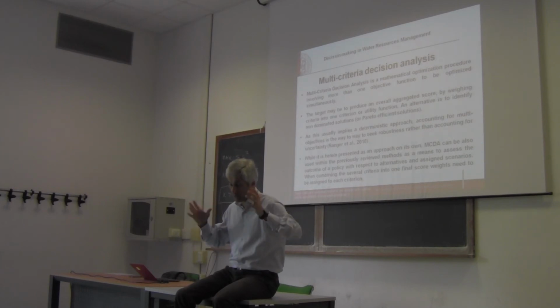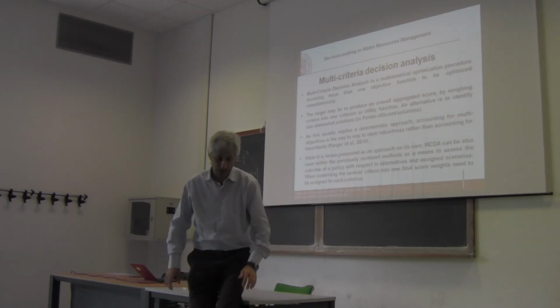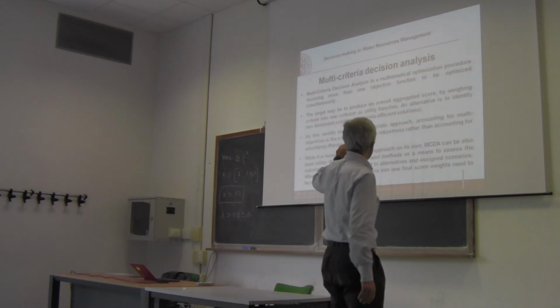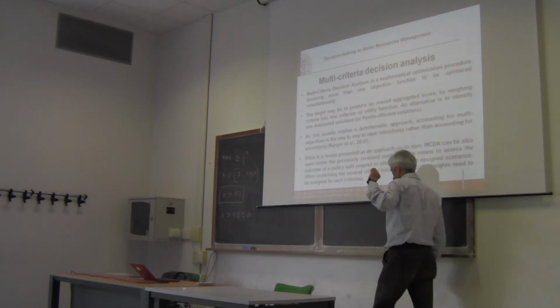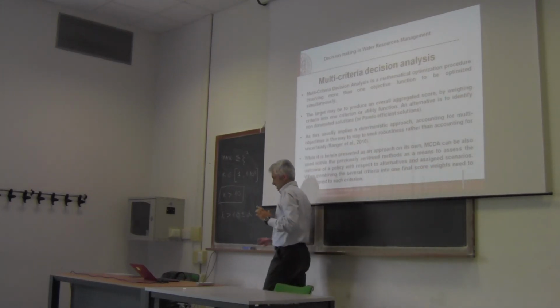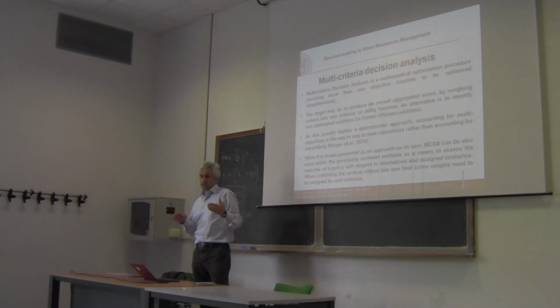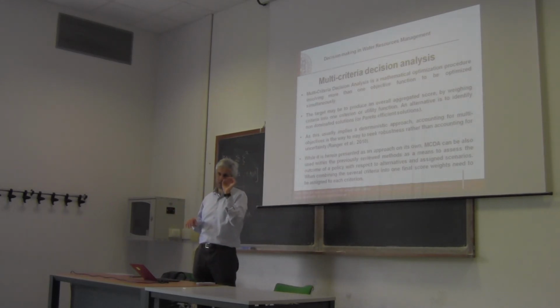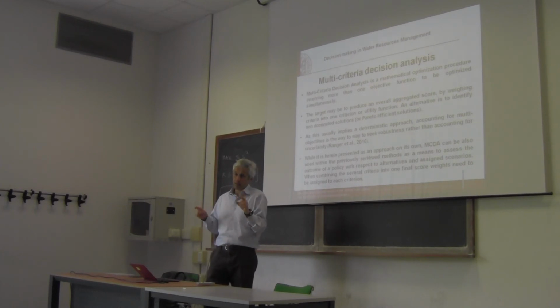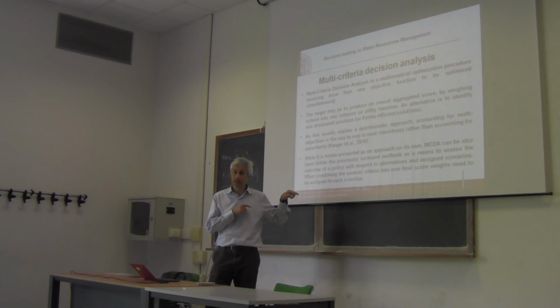Let me try to be clearer by first talking about multi-criteria decision analysis. What is multi-criteria? It's very simple. Sometimes you may have not just one objective function, but more than one. And this may happen in an optimization problem, but it may happen also in the robust methods that I discussed today.